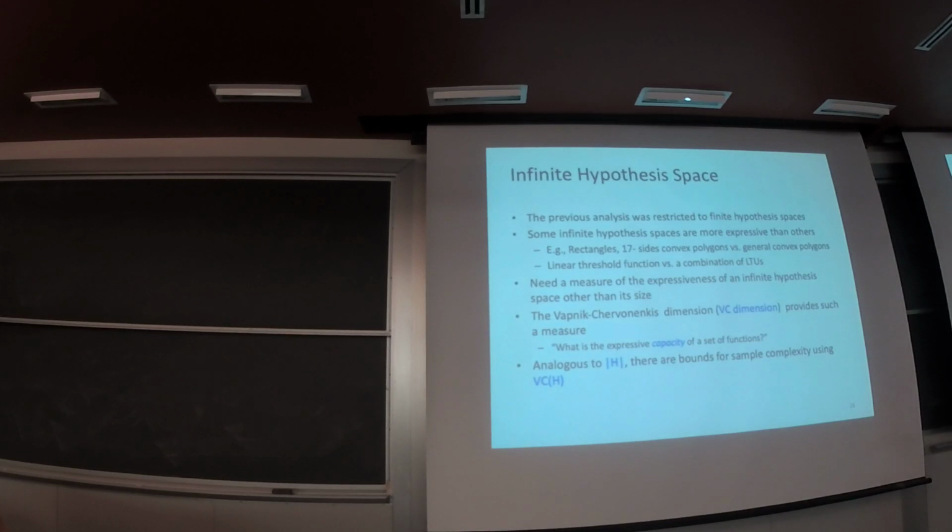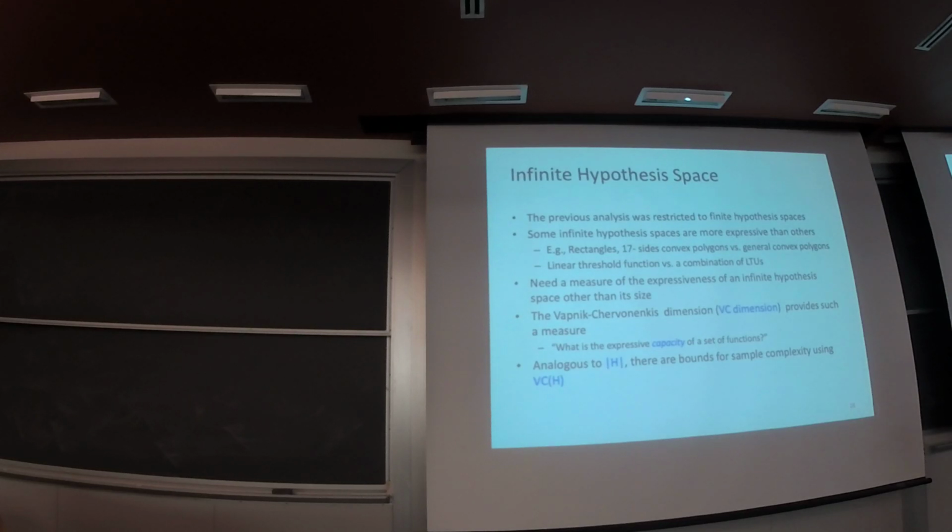That is what the Vapnik-Chervonenkis dimension defines. It's also short for VC dimension. The VC dimension was invented to measure the expressive capacity of a set of functions. A set of functions is just the hypothesis space in machine learning, right?